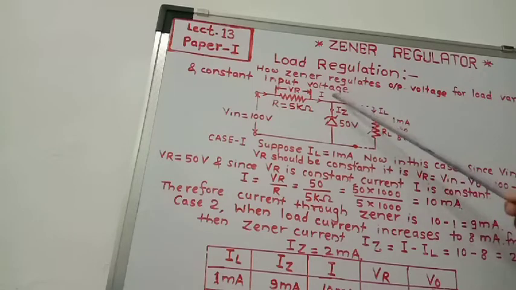This is the Zener current, the reverse current. So IZ is 9 milliampere.